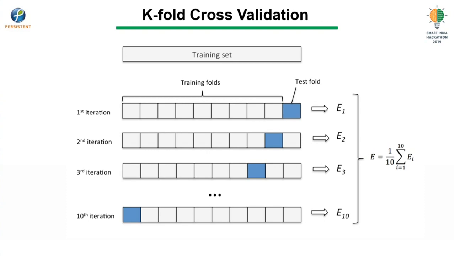As you can notice here, every data point goes into a test data set at least once, and all the points in the data set go into training as well, so effectively nullifying the effect of how the data is distributed.